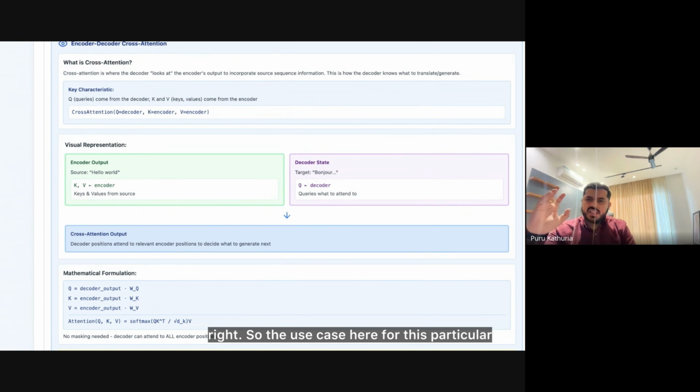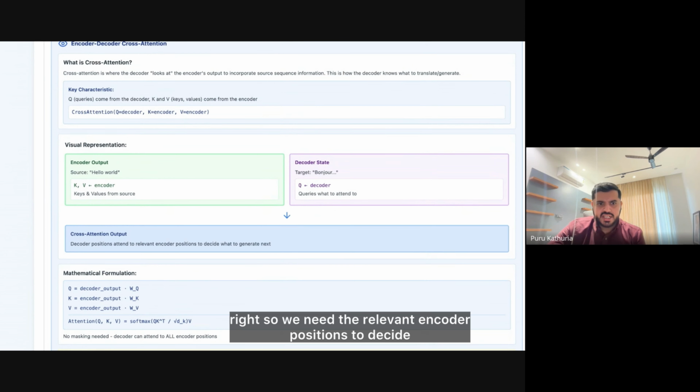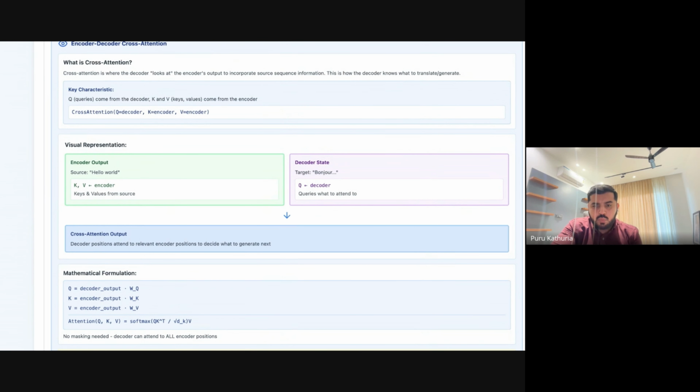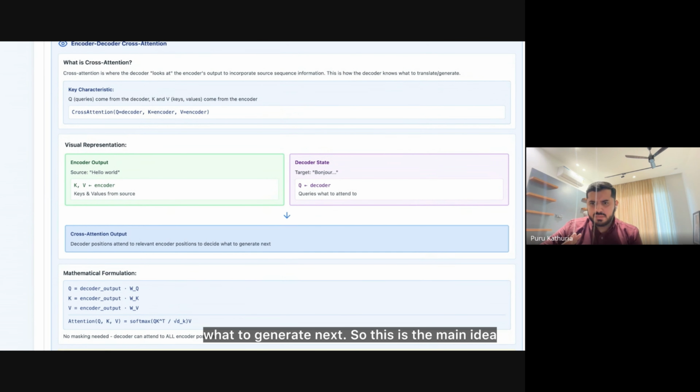So the use case for this particular stack is not only generation. The use case is to translate, or maybe summarize, right? So we need the relevant encoder positions to decide what to generate next. So this is the main idea.